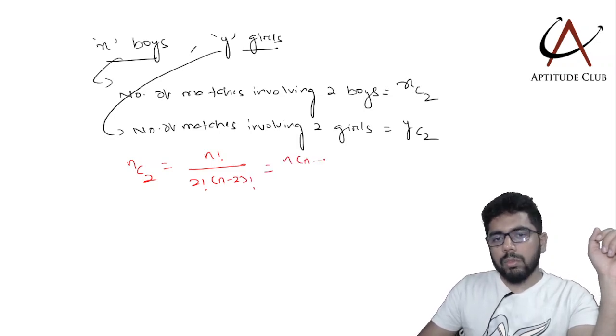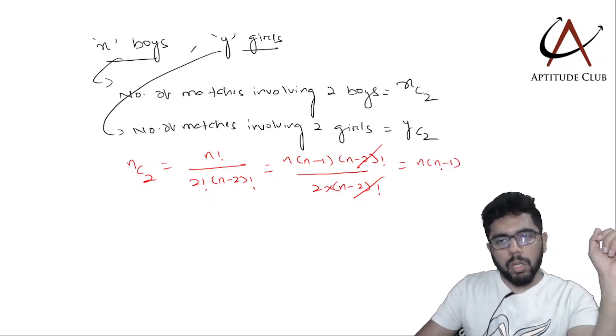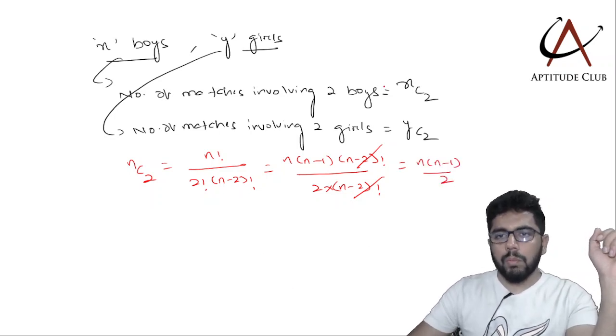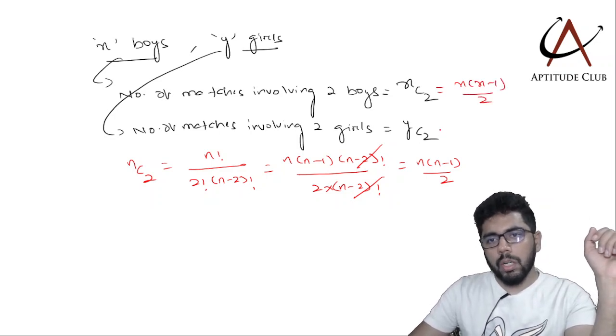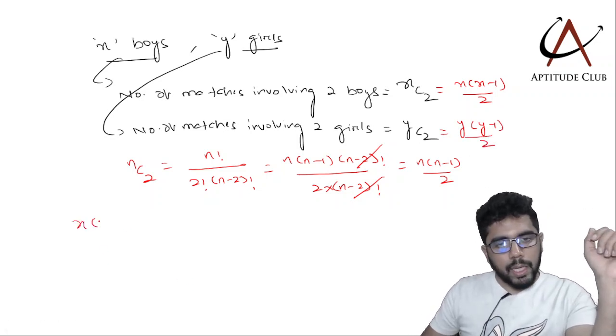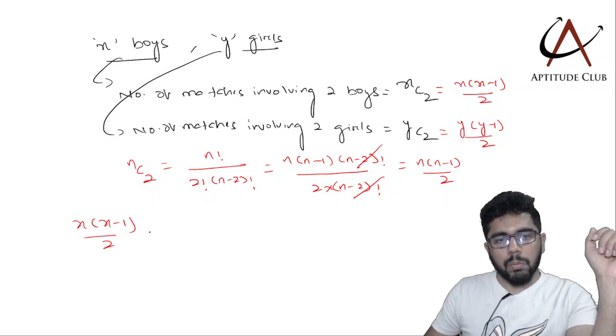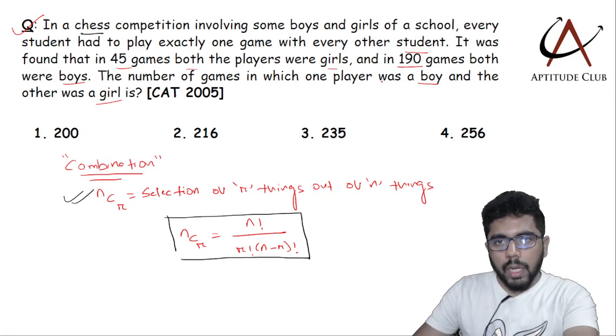So it is N into N minus 1 into N minus 2 factorial divided by 2 into N minus 2 factorial. This gets cancelled out, so I get N into N minus 1 by 2. By that logic, this becomes X into X minus 1 by 2, and this becomes Y into Y minus 1 by 2. So in the question, X into X minus 1 by 2, the number of matches in which two boys were involved, is given as 190.